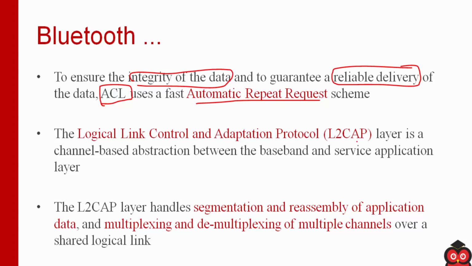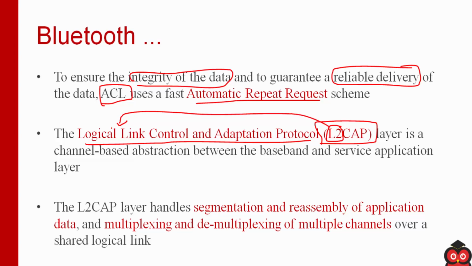As I had already said, there is one more protocol in the MAC layer which is called L2CAP. The abbreviation is Logical Link Control and Adaptation Protocol. L2 means double L, which refers to logical link.